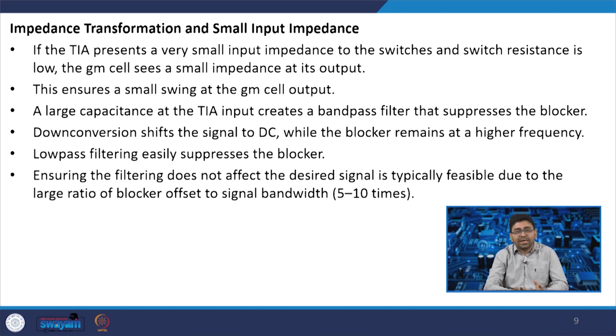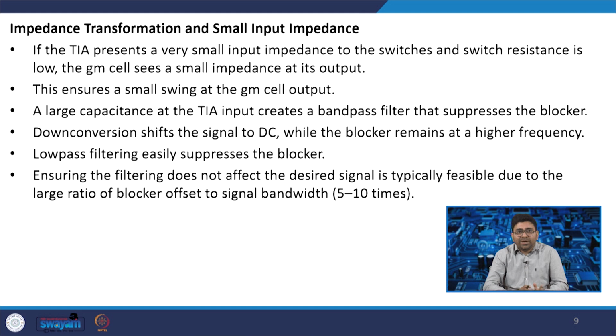So, same thing here, the configuration of the ZBB means the design of a TIA in combination with the capacitor will help to make the response like a band pass filter, and this down conversion shifts the signal to DC while the blocker remains at a higher frequency.